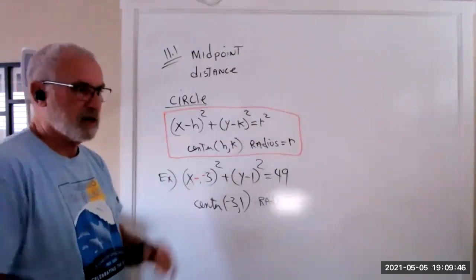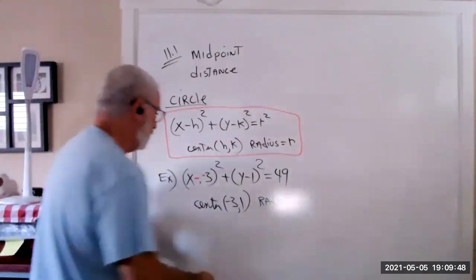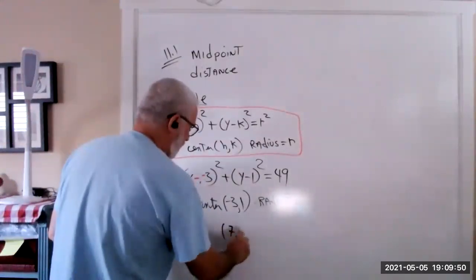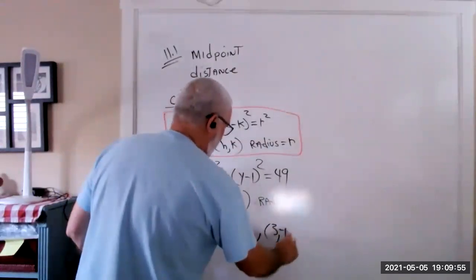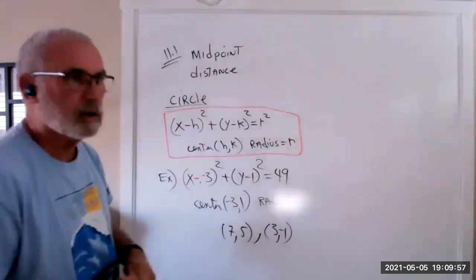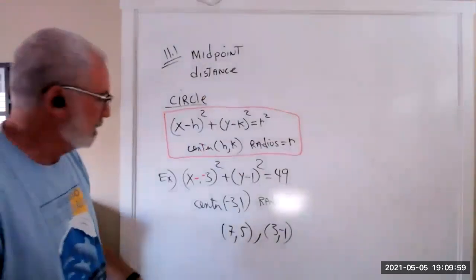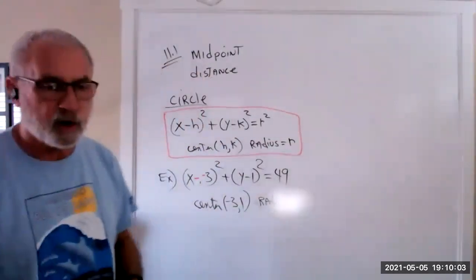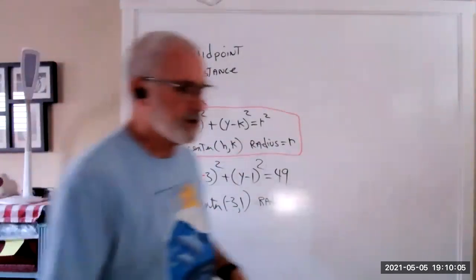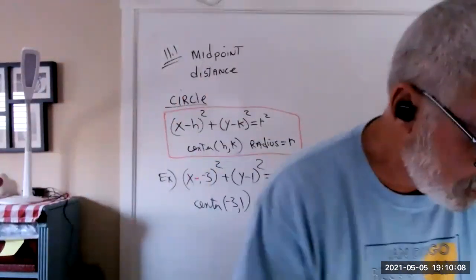By 4 points, I mean 4 ordered pairs. You know, like is 7, 5 on the circle? Is 3, -1 on the circle? They're not, I hope, but they're not. But can you find 4 of the points? So I'll pause for a second while you think about that. Hint, sketch it.